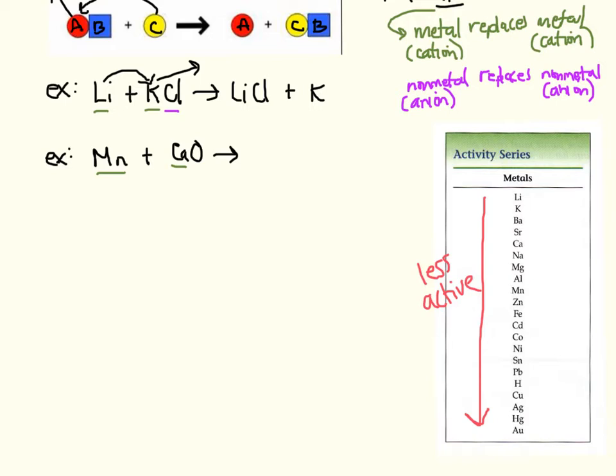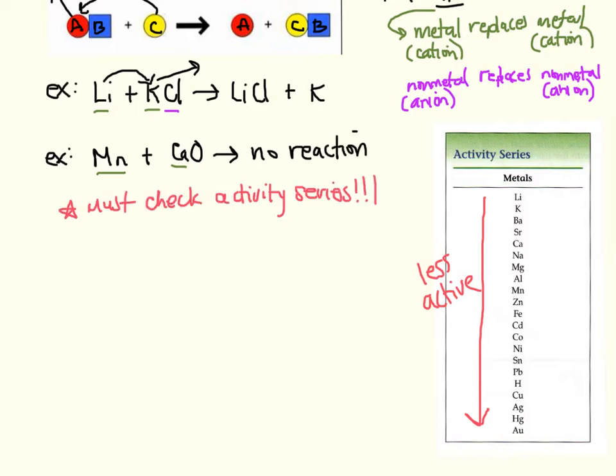So even though manganese may want to come over here and attempt to replace calcium, calcium's too strong. And so you're not going to get a reaction in this particular instance. So before you go predicting the products of a single replacement reaction, you have to check the activity series to see if it will actually happen.